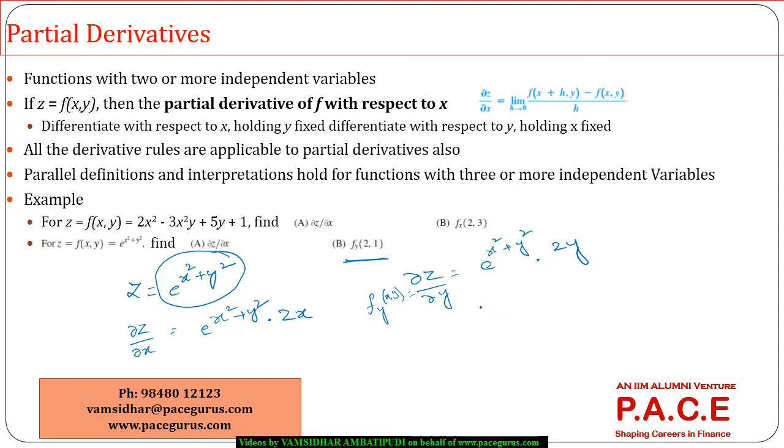And I'll substitute x equal to 2 and y equal to 1. So it becomes e to the power of 2 squared, which is 4, plus 1 squared, which is 1. So making it e to the power of 5 and 2 times 1. So it becomes 2e to the power of 5. That's how we simplify the numericals using the partial derivatives. Right?